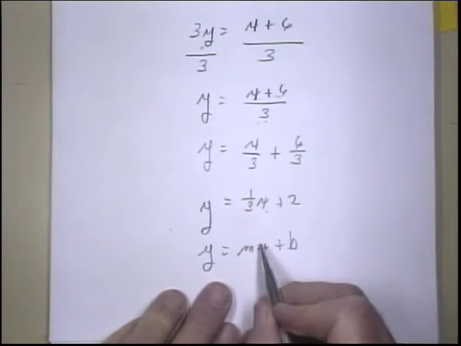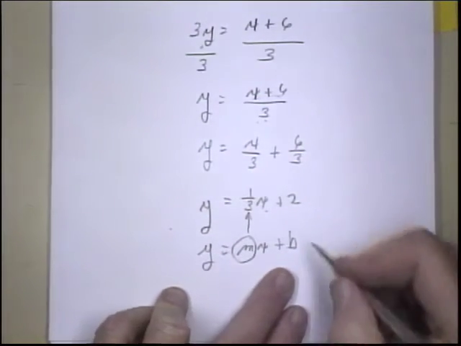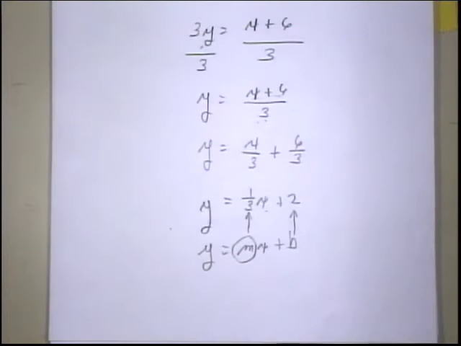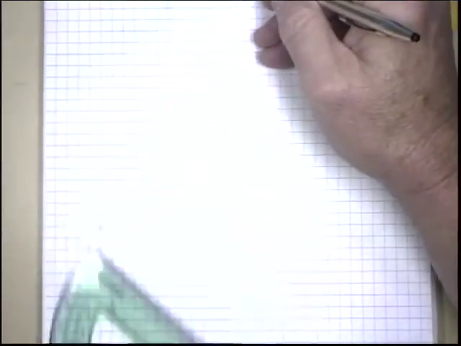Our slope, m, is 1/3, and our y-intercept is 2. Now let's graph this. We don't have to generate a table. We don't have to go through all that work. We can graph this just knowing the slope-intercept form of the line.